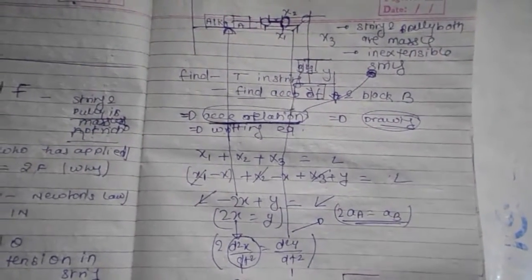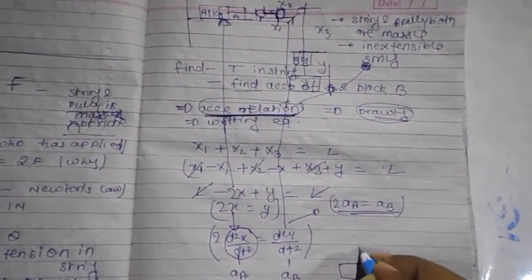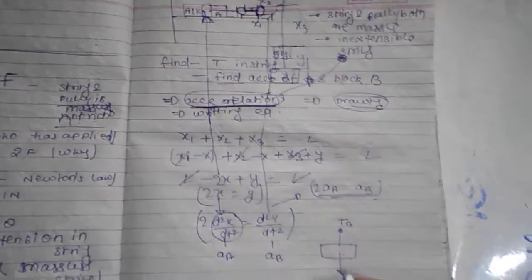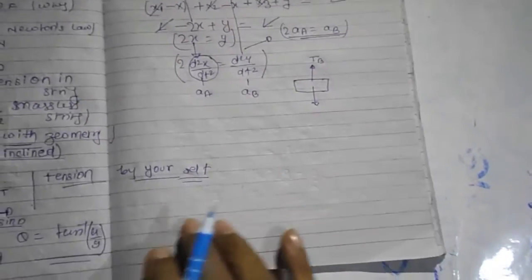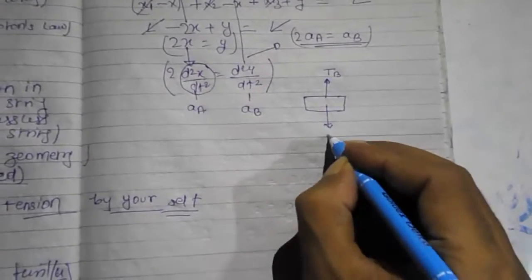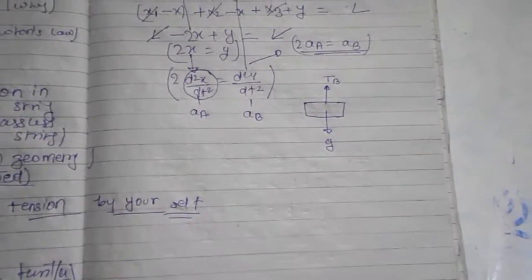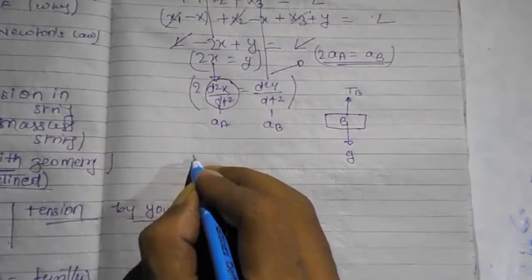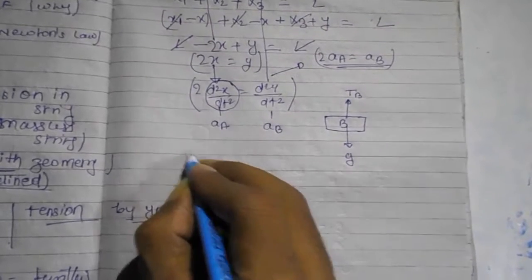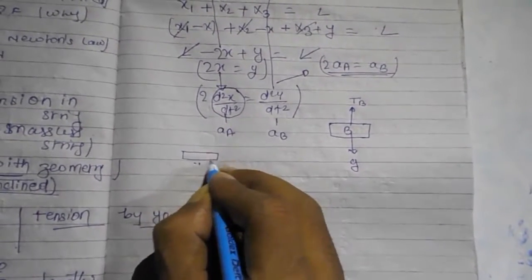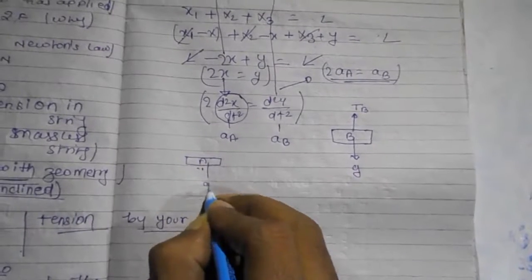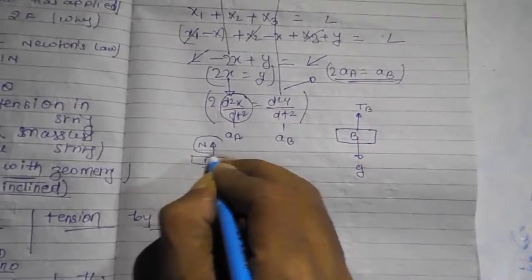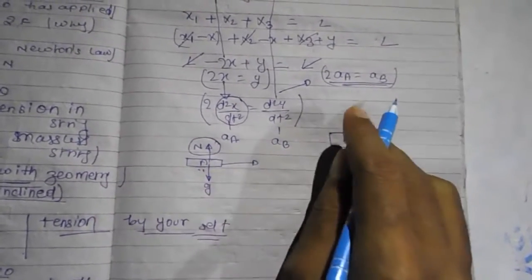So this is TB. Here you can see this is TB, this is G, this is B. If you see at this point, this is A, this is G, this is N. You should be careful here.